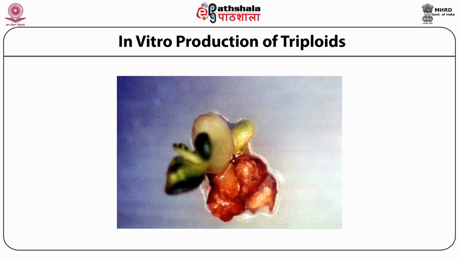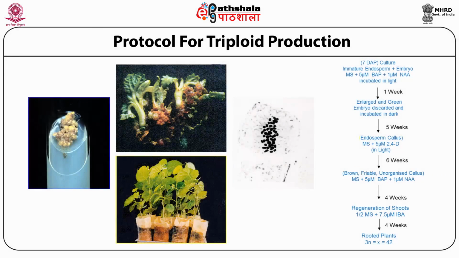As I said earlier, it is transferred to 2,4-D medium for maintenance of culture. And here is a well-growing callus tissue from the endosperm, which can be multiplied as long as you like by subculturing it, or by transferring this callus to BAP and an auxin medium, you can induce the differentiation of shoots.